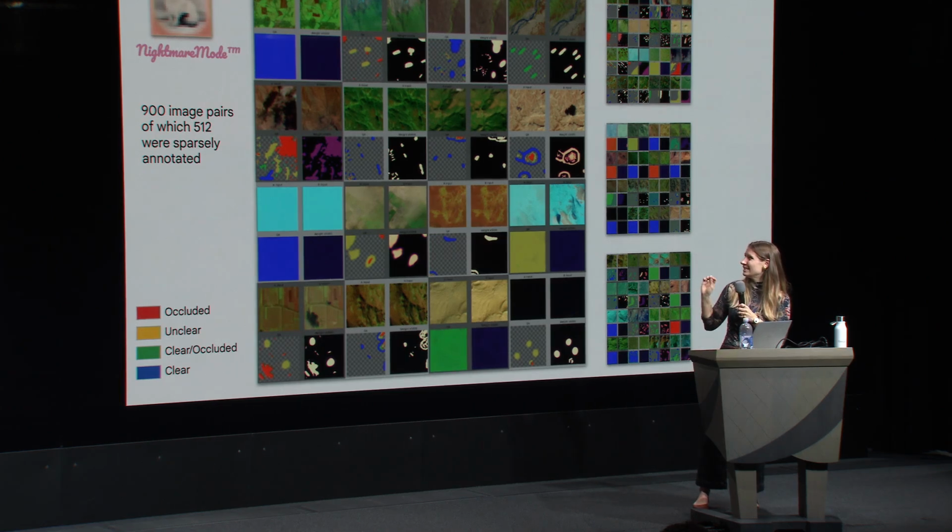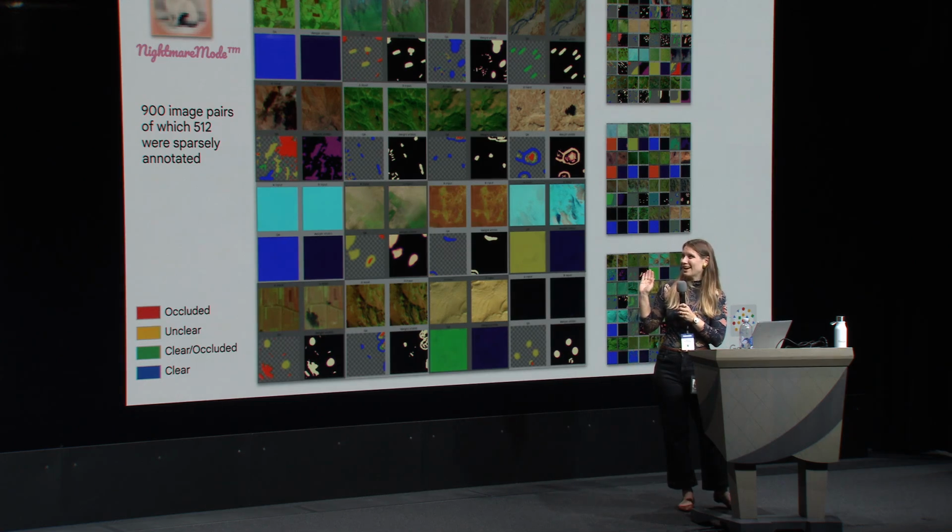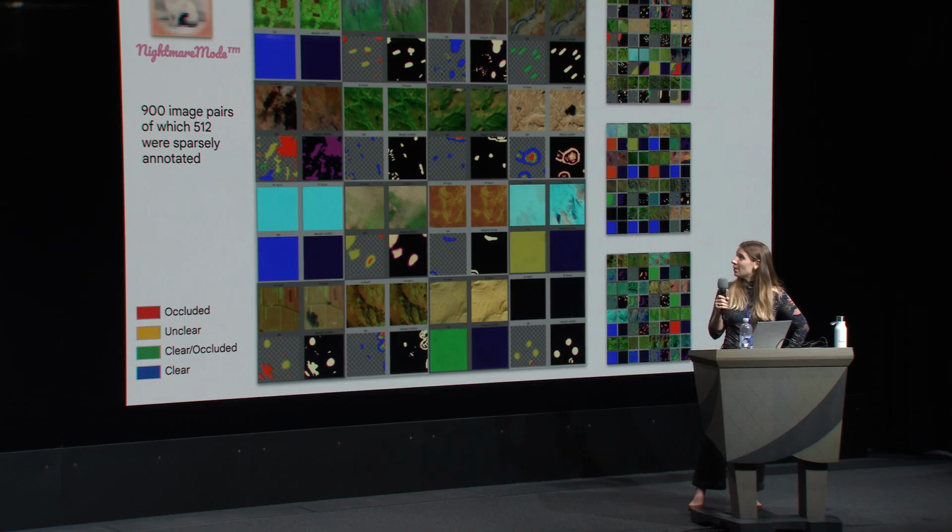Things like teeny tiny cloud shadows like what I just showed, little bits of cloud puff, changing fields where we wanted to make sure the model understood a field change should be treated as similar, a flood event should be similar, but a little tiny cloud shadow getting in there would be marked as different.